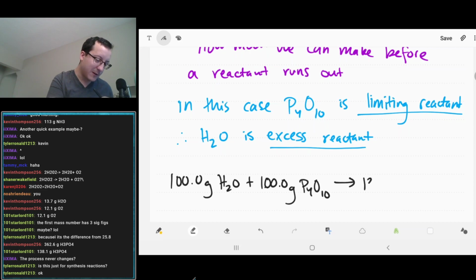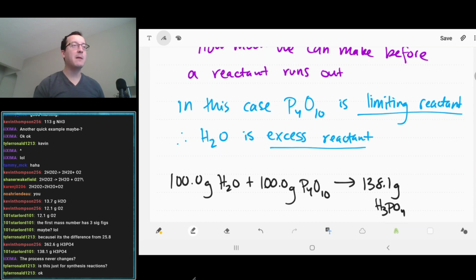Remember, we got out 138.1 grams of phosphoric acid. And we have our law of conservation of mass, telling us we put in 200 grams. Where is the other 61.9 grams? That's actually going to be leftover water.